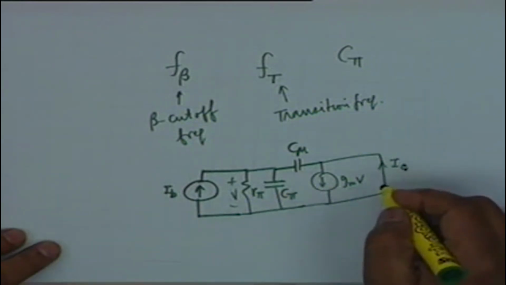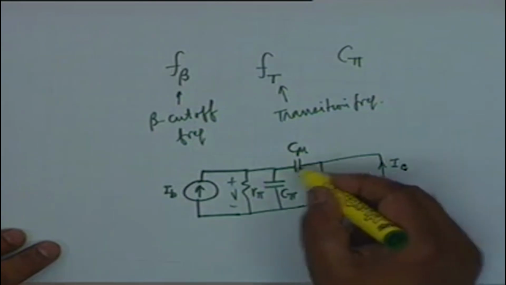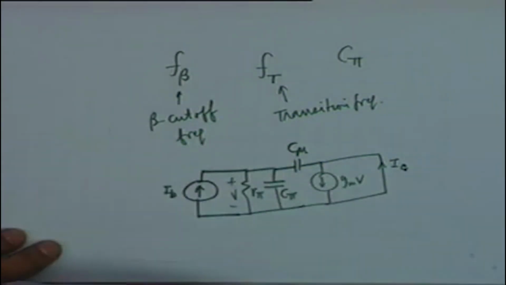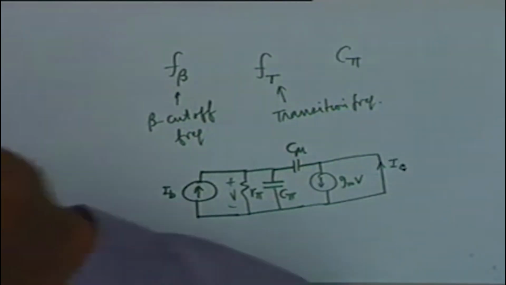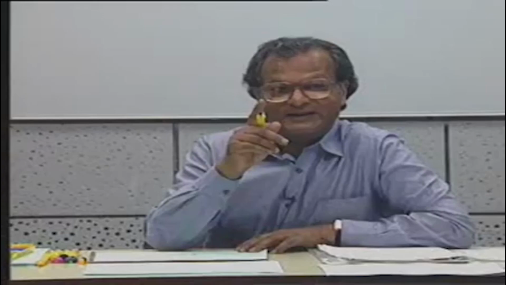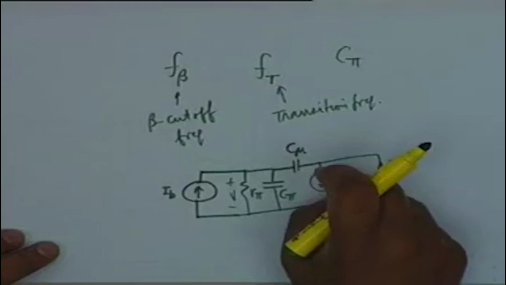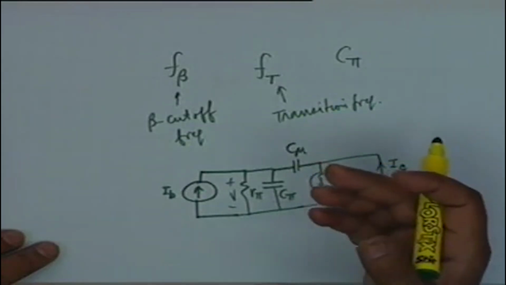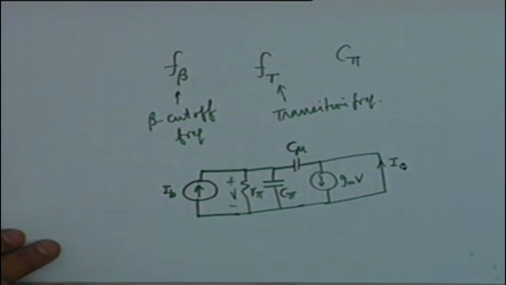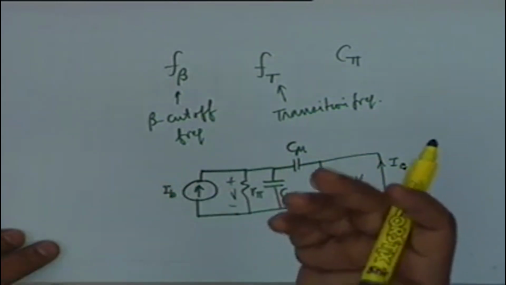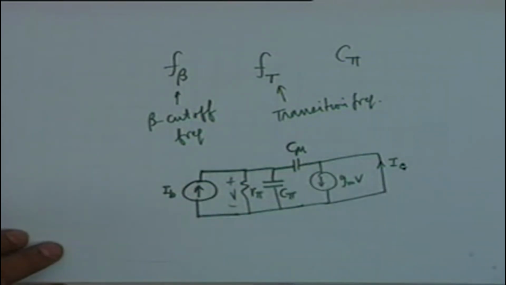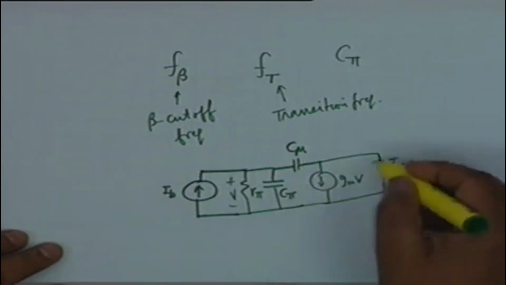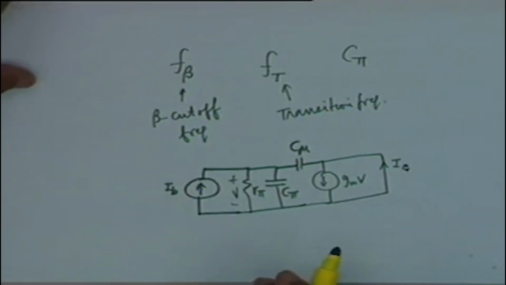It's a short circuit, and therefore the current generator, why should it send the current through impedances? It finds a short circuit, so it sends all its current here. There is no approximation here, this is exact. The current generator also looks for the shortest possible path, like every system in the world goes to its lowest potential energy. Why should the current generator be obliged to send the current through C mu? It doesn't. It sends all its currents through the short circuit. So I sub C is GMV.